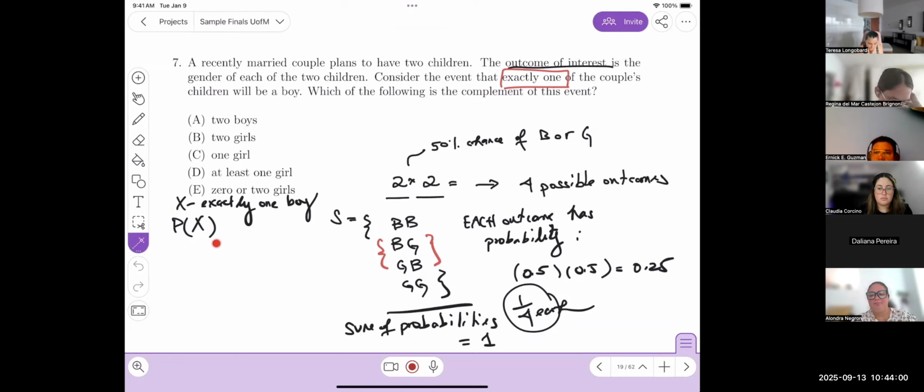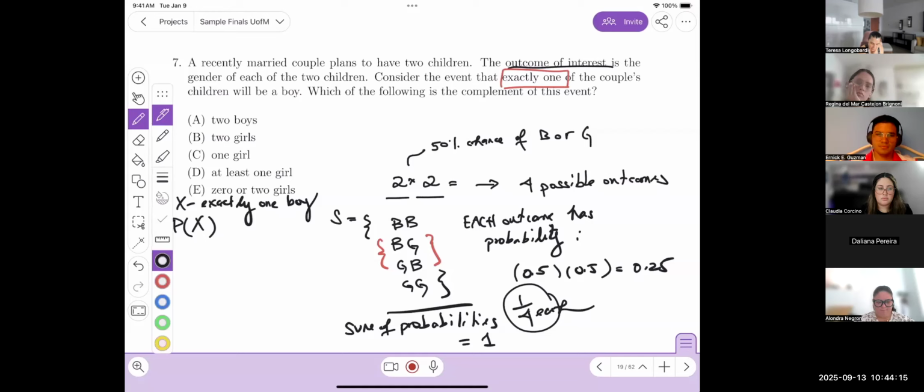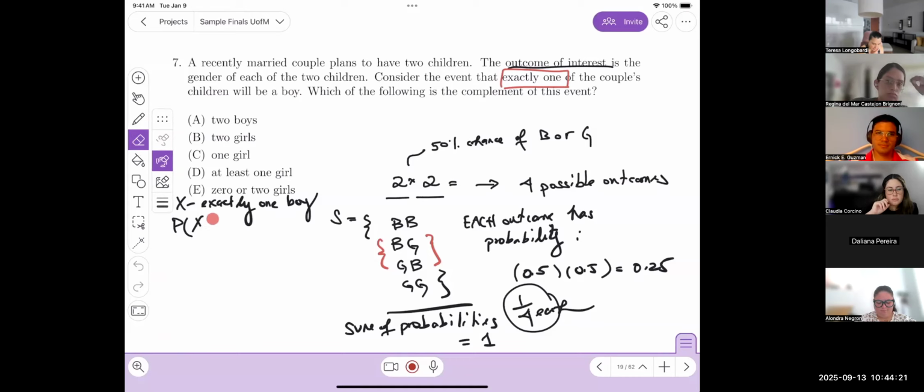So exactly one boy is this one. I don't think it's asking for a probability, it's asking for the event. So I can erase this, but we can call it X anyway. So what's left over?